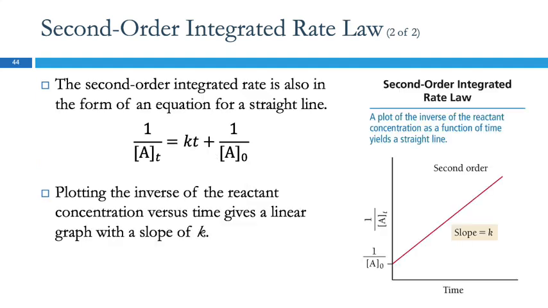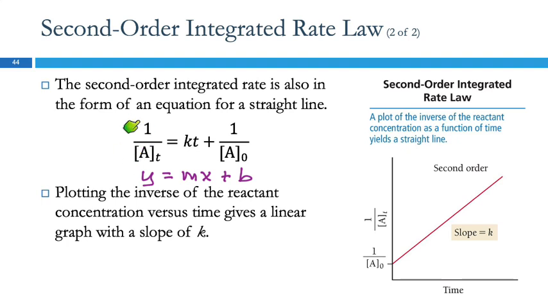Voodoo calculus. Ta-da! Here is the integrated rate law. So 1 over the concentration of A at time t is equal to the rate constant times t plus 1 over the concentration at time 0. These have been put into the form of a line because we're going to graph the data and use the line, and so that's why these are 1 over. It might look kind of funny. But again, this is a form of y equals mx plus b.